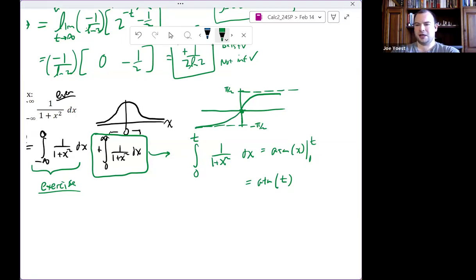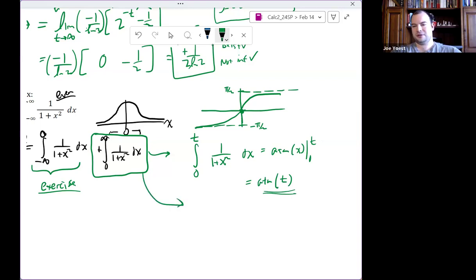Right? Arctan is an odd function. So it looks like this. So we have arctan t minus arctan 0, but again, arctan 0 is 0. This is what our integral bounded above by t ends up as.